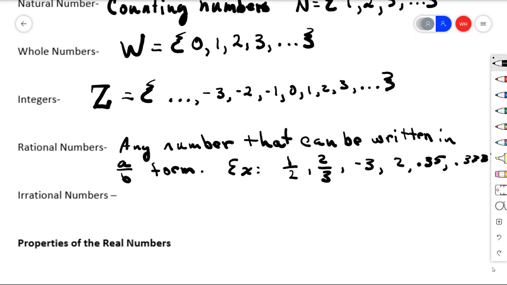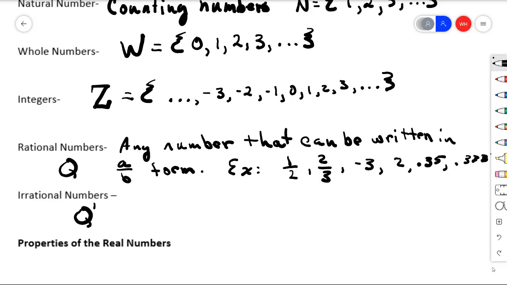All right, the last subset that we're going to look at is the set of irrational numbers. And the symbol for rational numbers is a capital Q. So the symbol for irrational numbers, we can use the capital I, but many textbooks use Q prime because irrational numbers are the opposite of rational numbers.